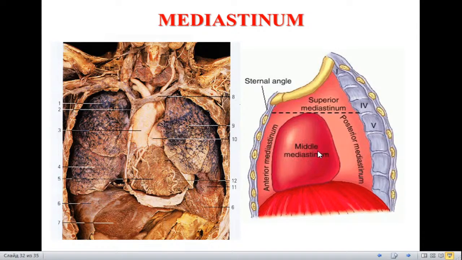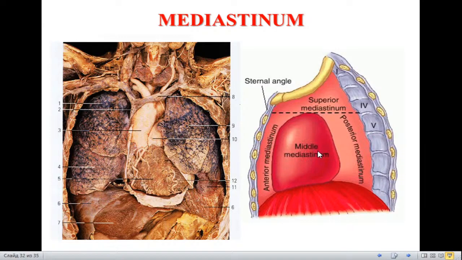The posterior mediastinum includes the thoracic part of the descending aorta, azygos and hemiazygos veins, right and left sympathetic trunk, vagus nerve and splanchnic nerve, thoracic duct, thoracic portion of the esophagus, and lymphatic nodes.